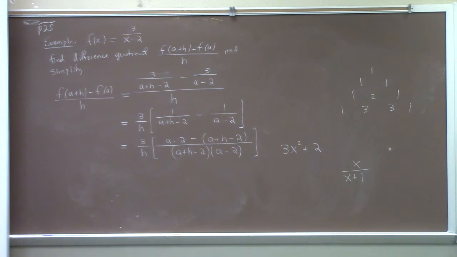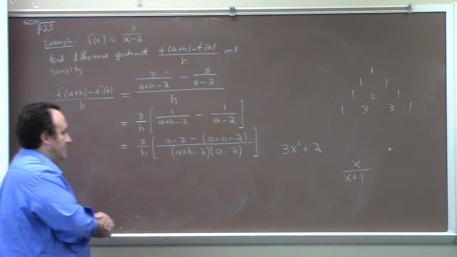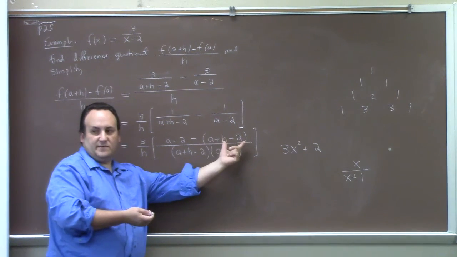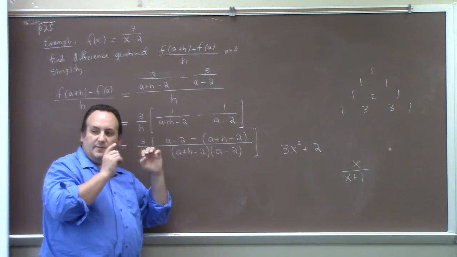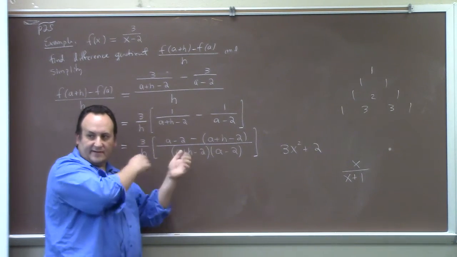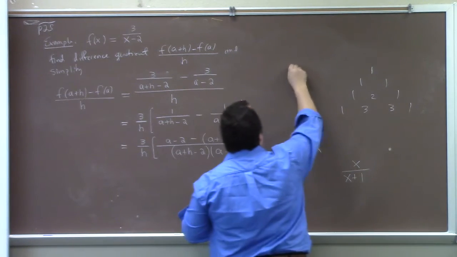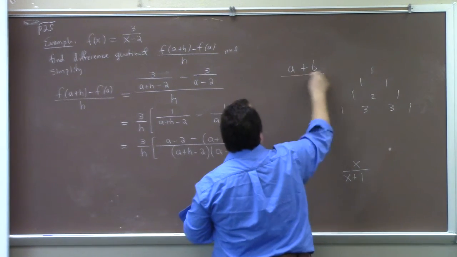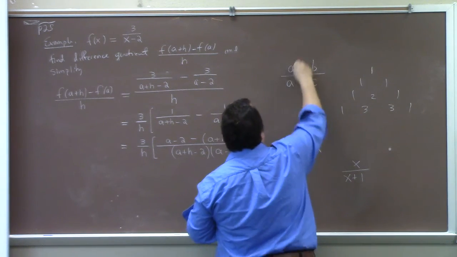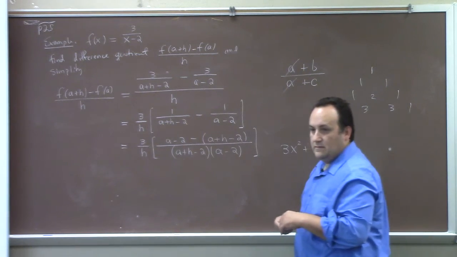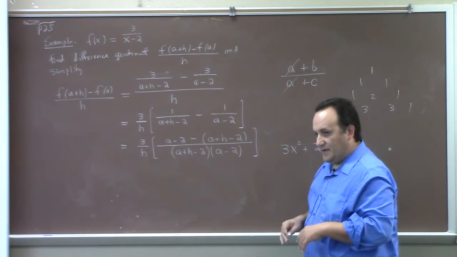No, because they have to be common to everything. I can't cancel that with that because I would need it to be multiplying everything on the top in order to factor it out and cancel it. Like here, for example, if I have a plus b over a plus c, I can't cancel a here. That's not an allowed algebra step.